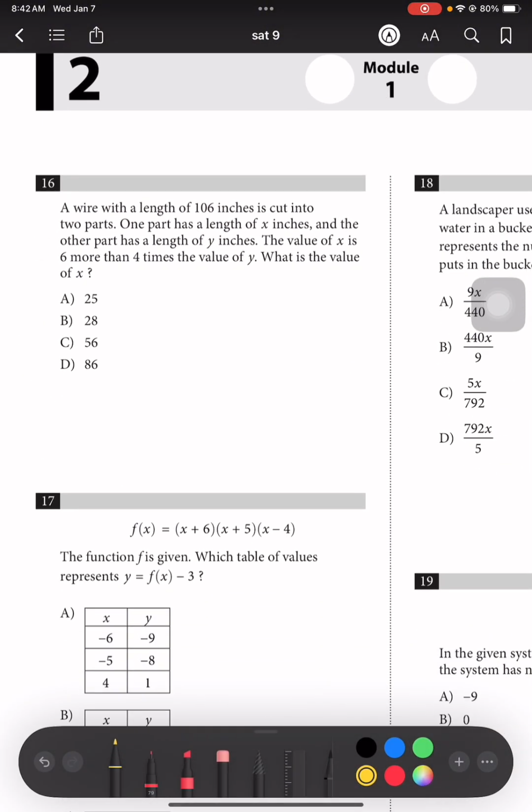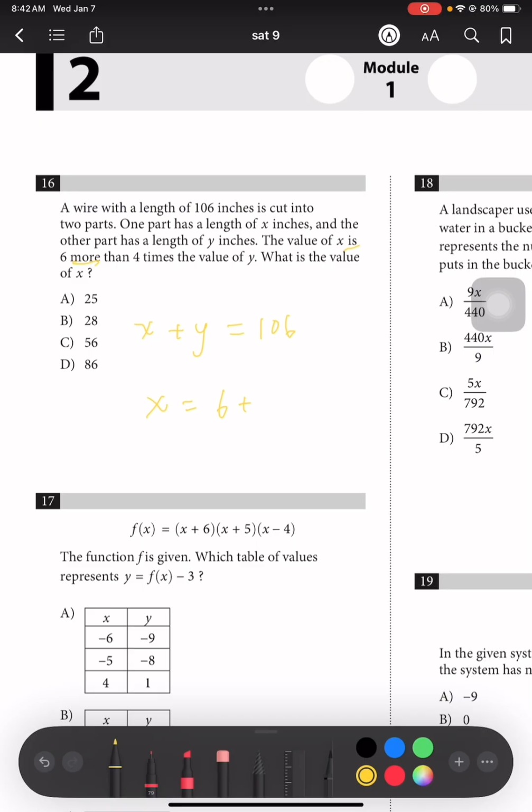16. A wire with a length of 106 is cut into two parts. One part is the length of x, and the other part is the length of y. The value of x is 6 more than 4 times the value of y. 6 more, not 6 times, so 6 more means just add 6.